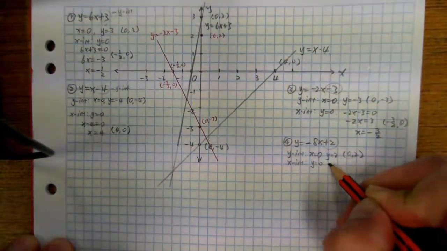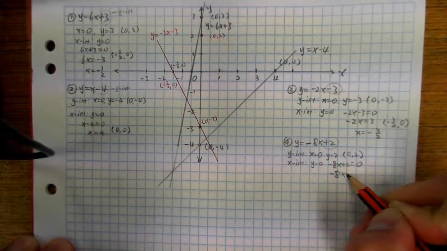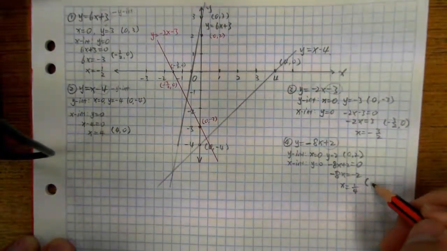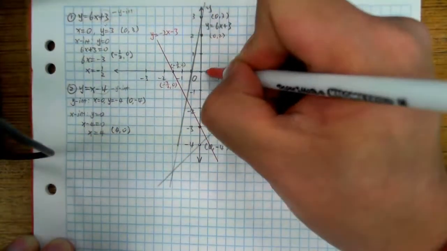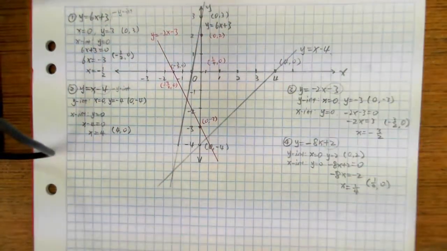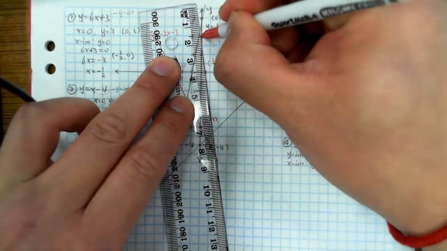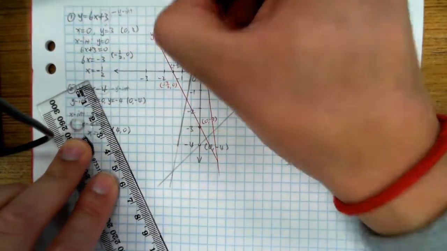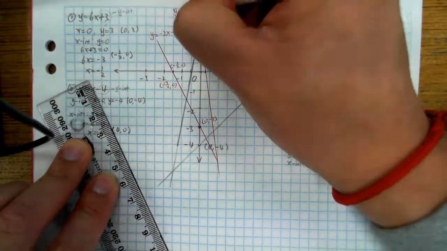When y equals 0, so negative 8x plus 2 equals 0. x equals 1 over 4. So the coordinate is (1/4, 0). So it's here. (1/4, 0). Now we can connect these 2 points to form a graph. So this one is y equals negative 8x plus 2.